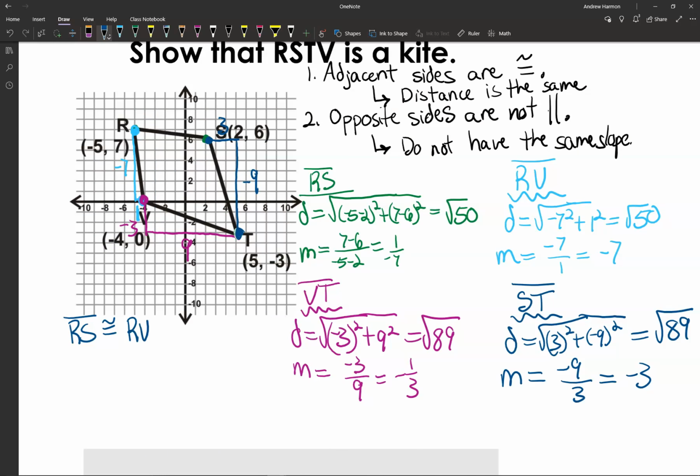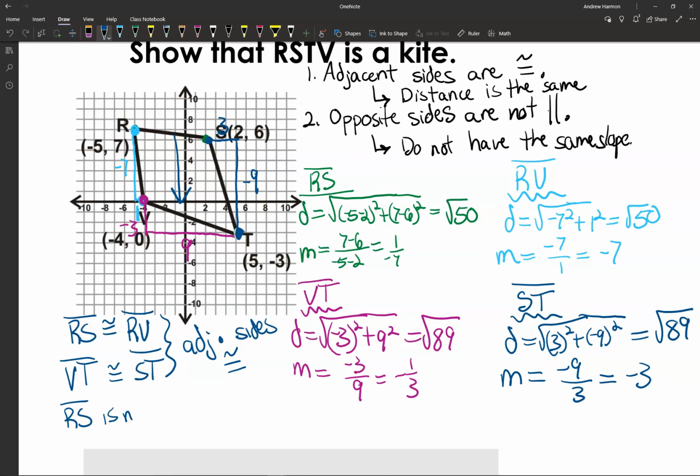So now when we look at each of these pieces, we can see our RS is congruent to RV. We can also see that VT is congruent to ST. So that shows that the adjacent sides are congruent. And then if you look at the slopes, RS is opposite of VT. So RS is not parallel.